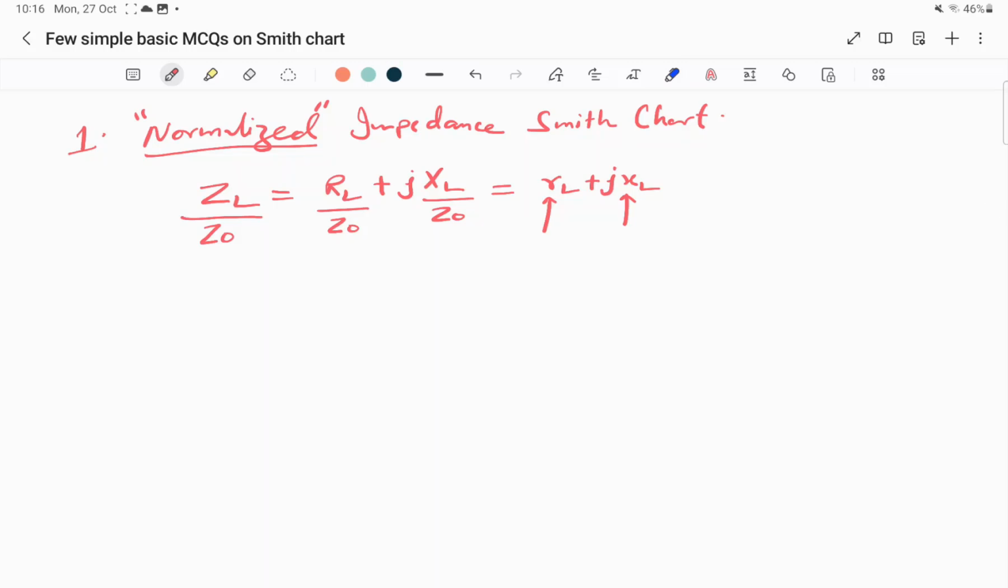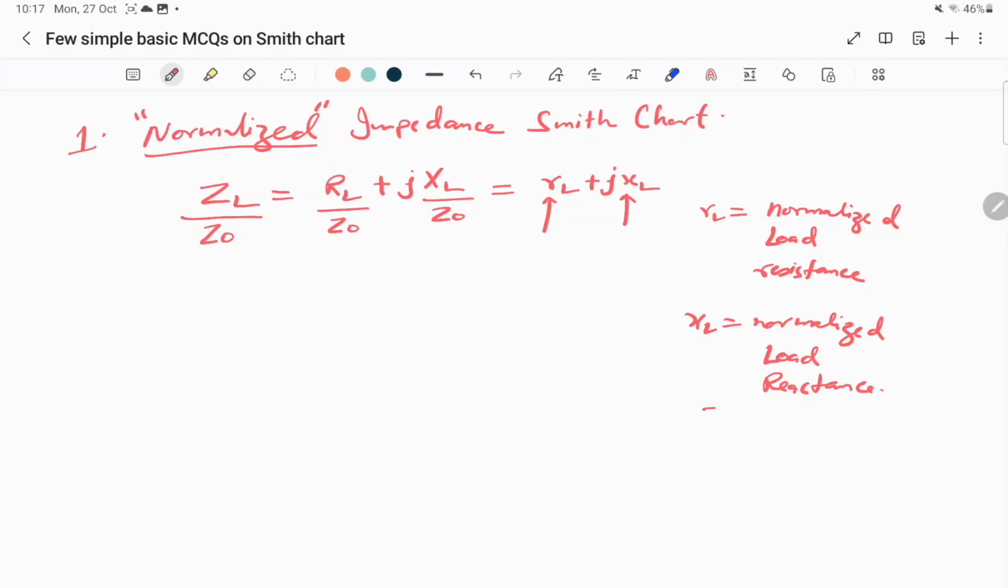So rL is normalized load resistance and xL is normalized load reactance. In a Smith chart we usually plot normalized impedances. This is a very important thing that I wanted to tell you.